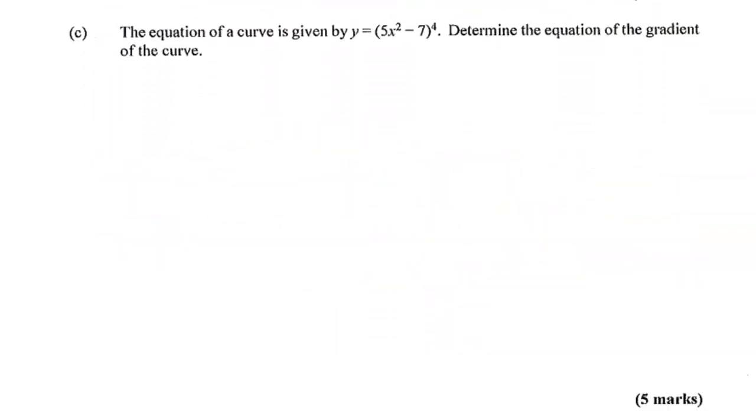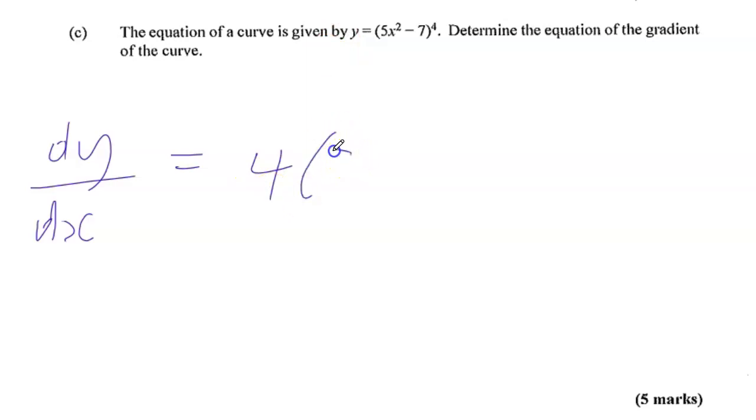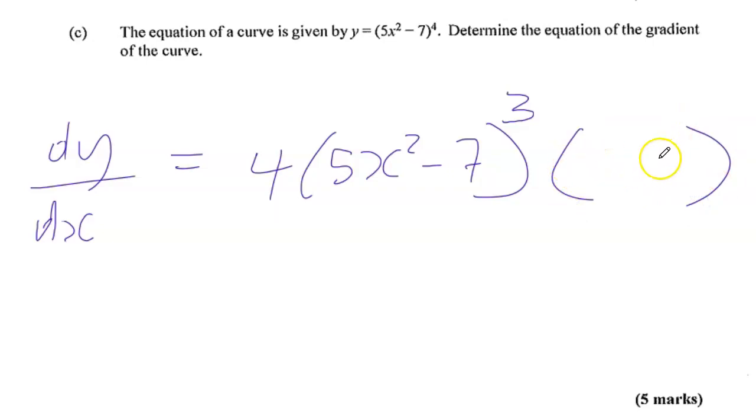Part C, the equation of a curve is given. Determine the equation of the gradient of the curve. So for the gradient, we're going to differentiate this using what we call the chain rule. So the chain rule says multiply by the power, restate your bracket, subtract 1 from the power, we end up with positive 3, and you form a new bracket, and in this new bracket we'll differentiate the original bracket.